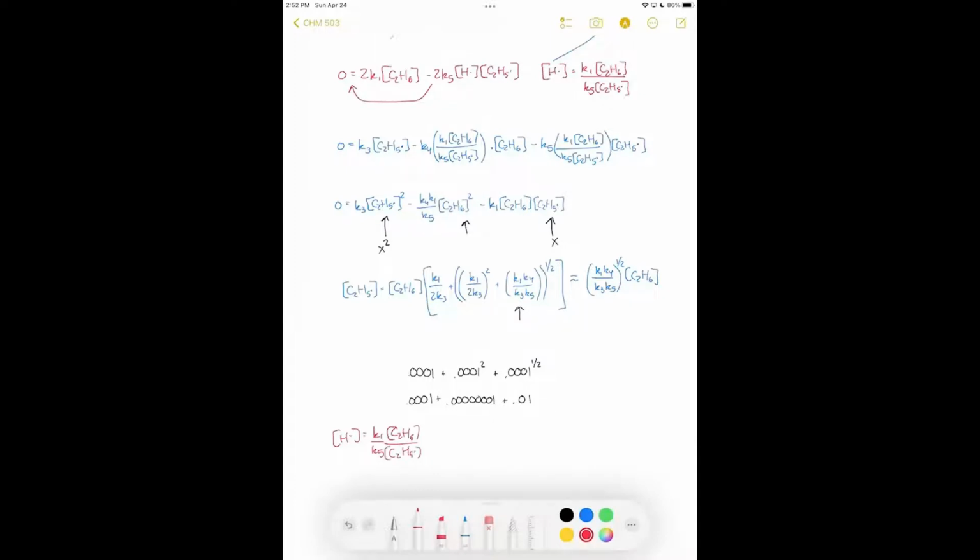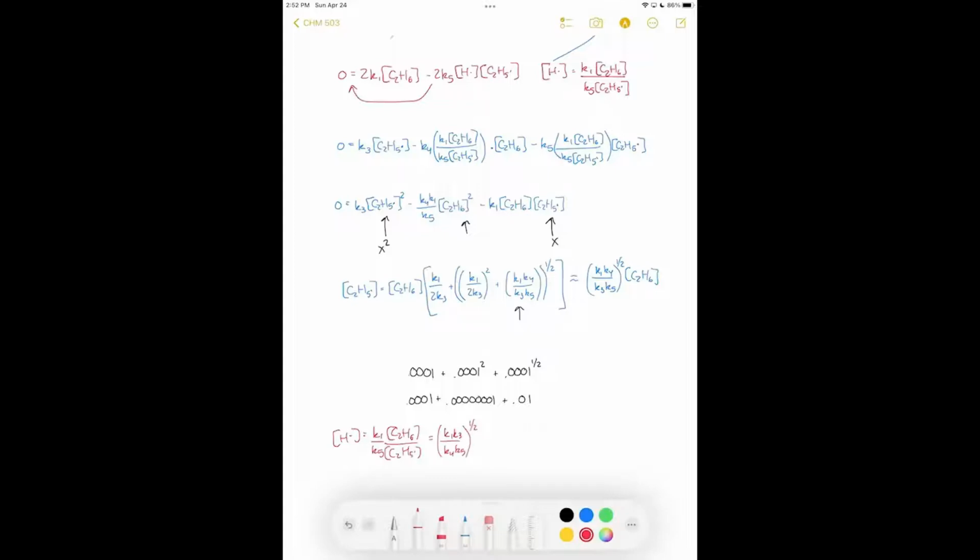And now we know what C2H5 is, we can plug that in to find that the concentration of hydrogen atoms is simply equal to K1 K3 over K4 K5. And take the square root of those.